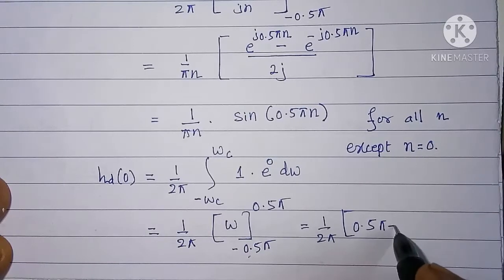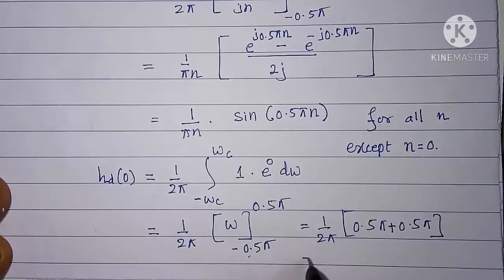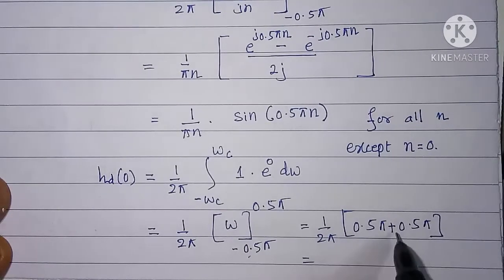Minus of minus will become plus 0.5 pi. 0.5 pi plus 0.5 pi will become 1 pi. Pi will cancel. We'll get this HD of 0 as 0.5.